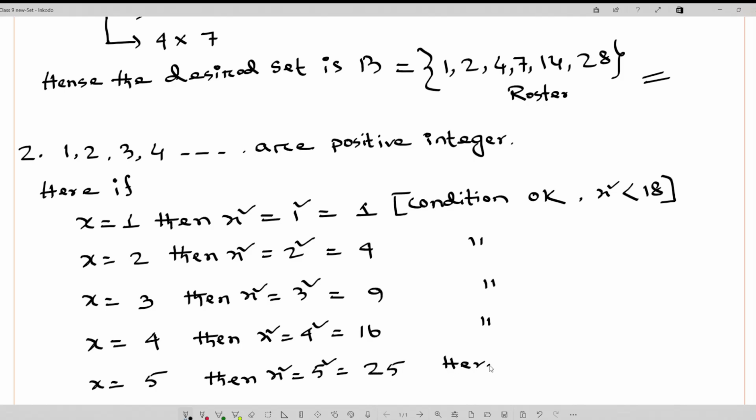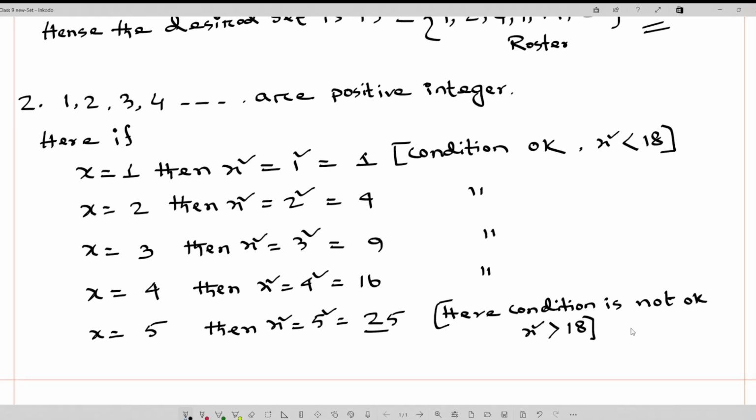Here the condition is not okay. x squared is here greater than 18, but our target is up to that number where x squared is less than 18, but 25 is not less than 18. 25 is greater than 18, right?